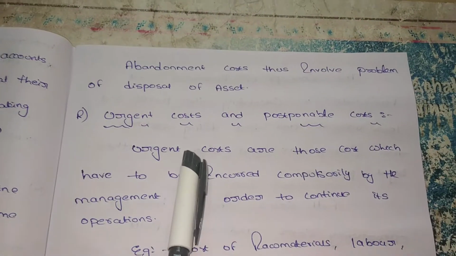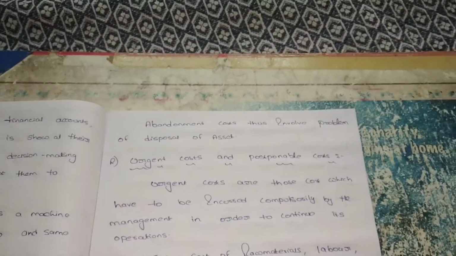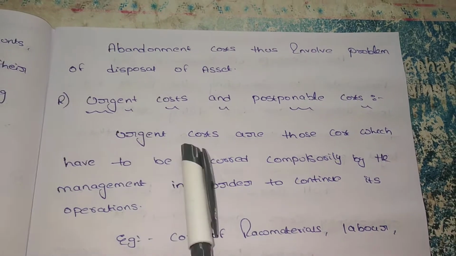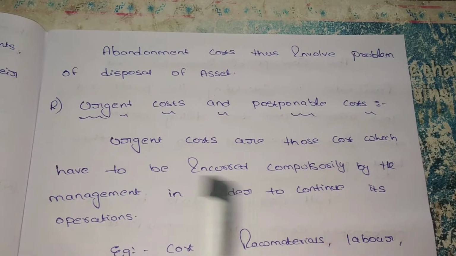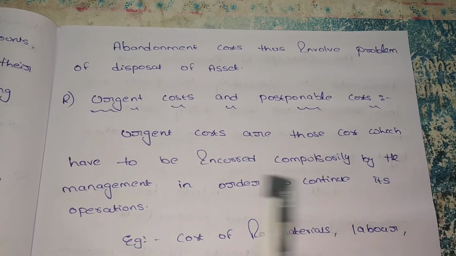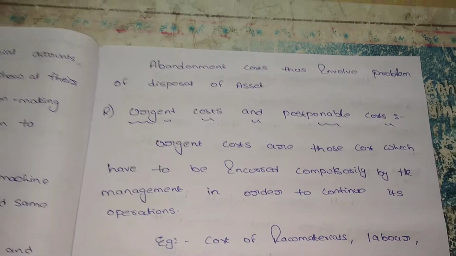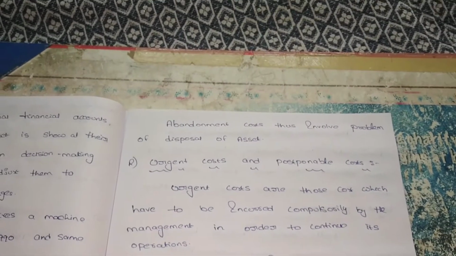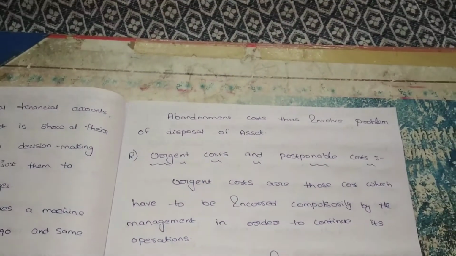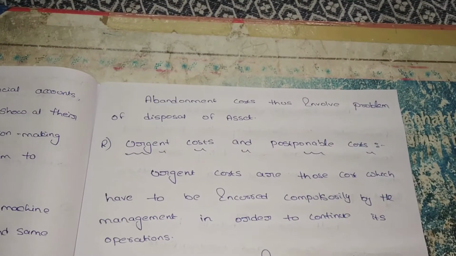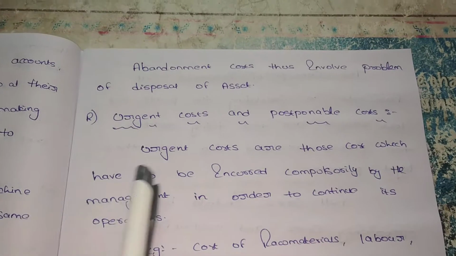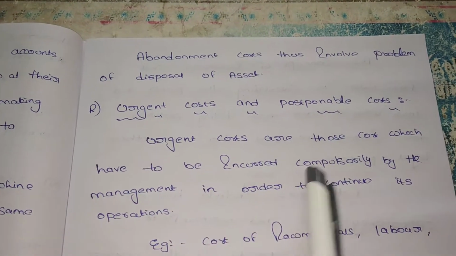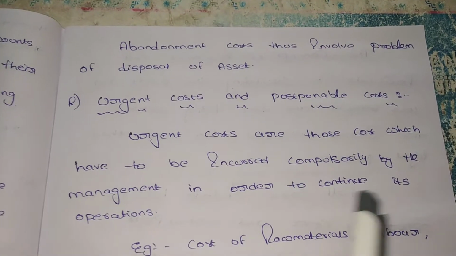Next, urgent cost and postponable cost. What is an urgent cost and what is a postponable cost? See here, urgent costs are those costs which have to be incurred compulsorily by the management in order to continue its operations.